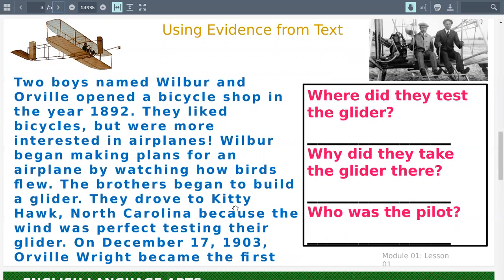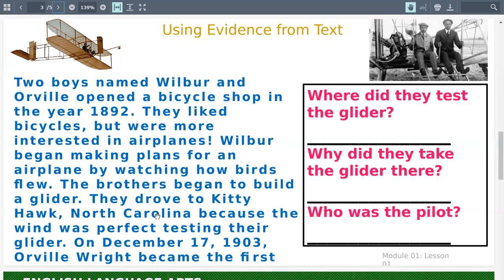If you said Kitty Hawk, North Carolina, you are correct. That is our text evidence to let us know where they tested the glider.